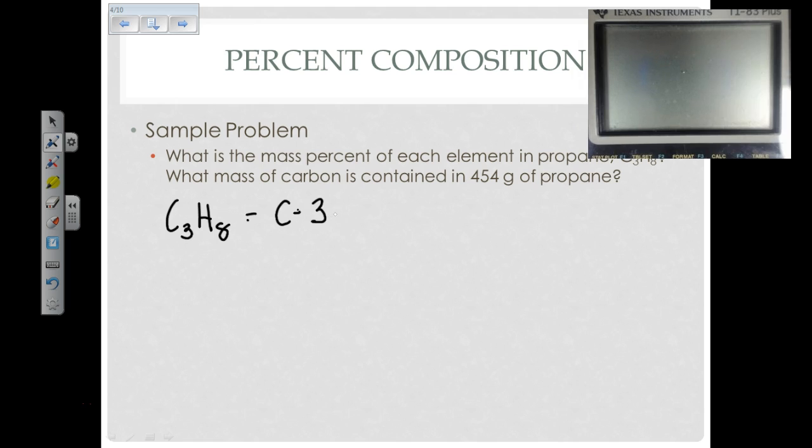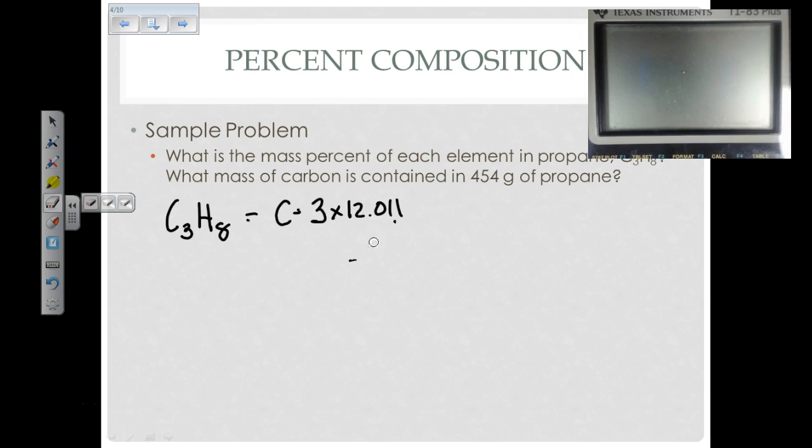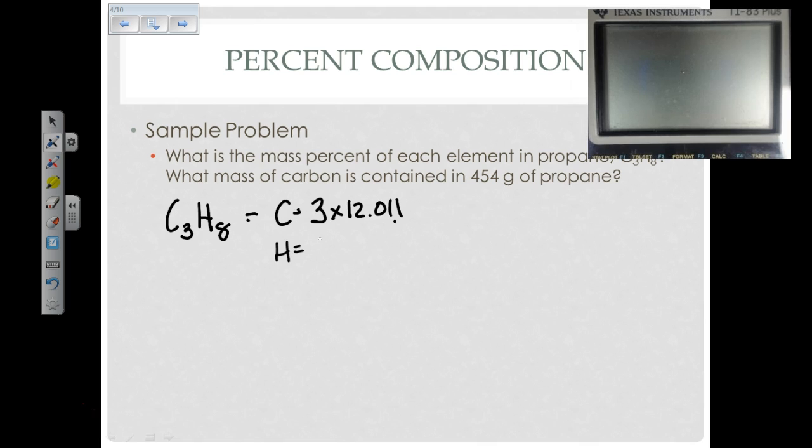So there are 3 carbons times 12.011, and for hydrogens, there are 8 of them times 1.00794.